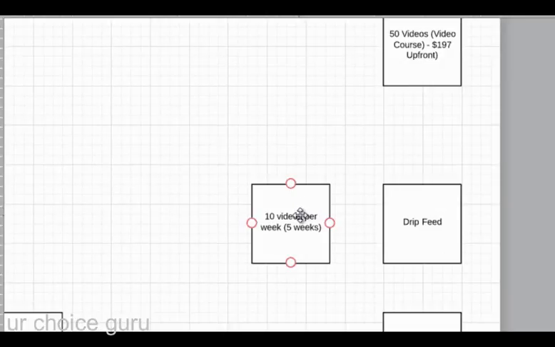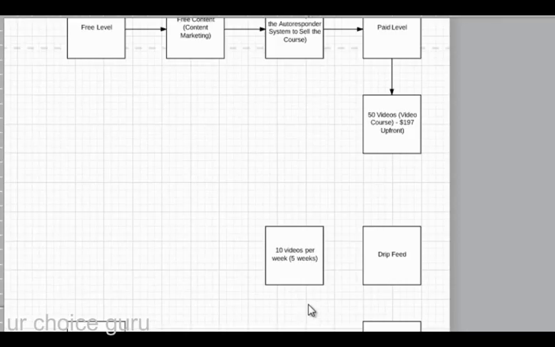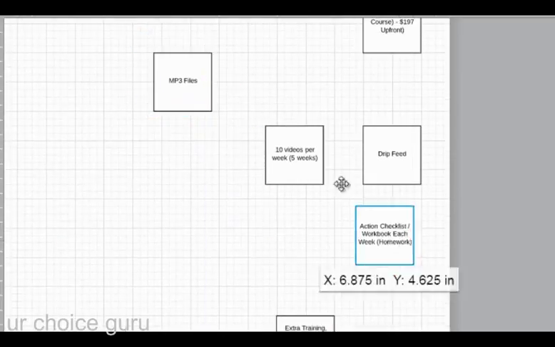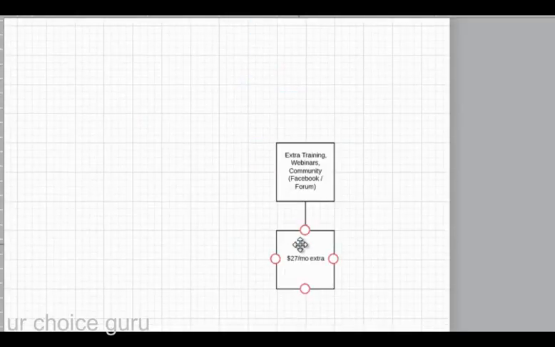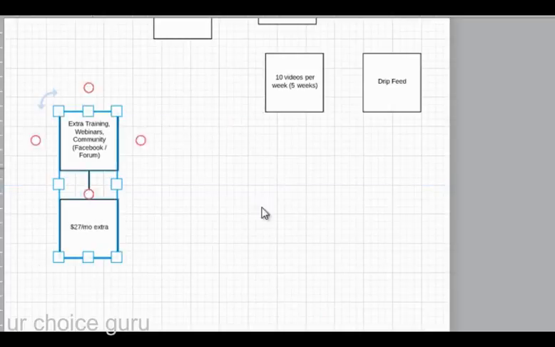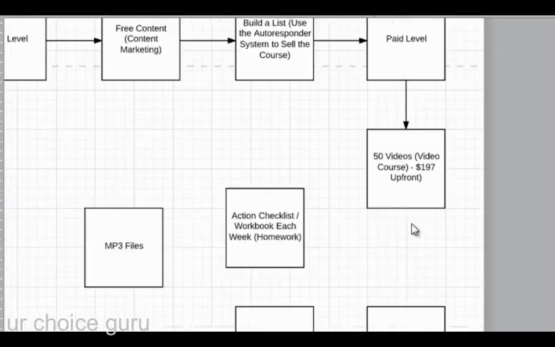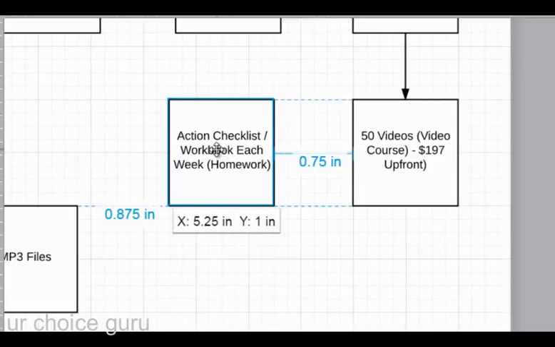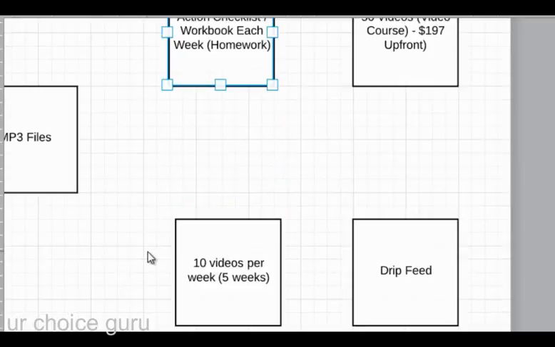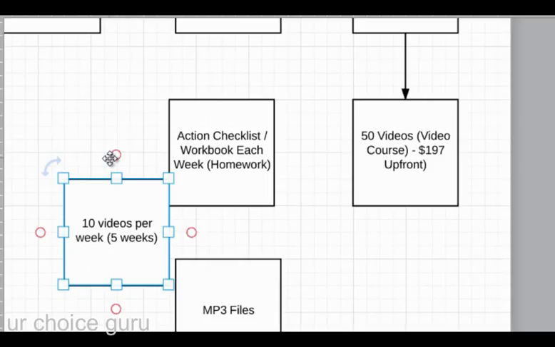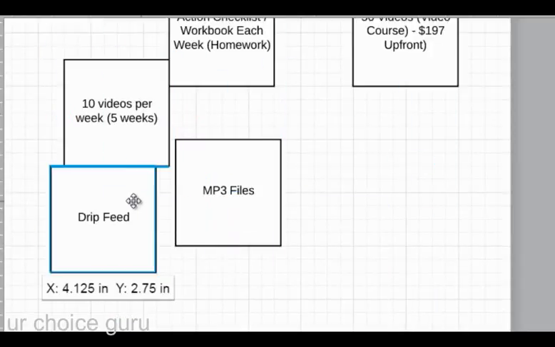And then, of course, what they're going to get is the MP3 files, the action checklist, and this is the recurring fee here. So I'm going to move this here. So let me zoom in a bit so you can see it better. But the way we're going to deliver it is via the action checklist, the MP3 files, and they're going to get it drip fed.